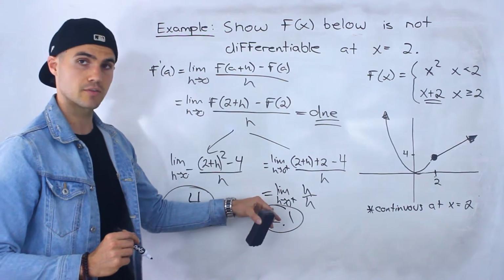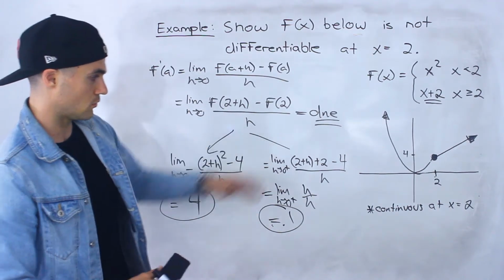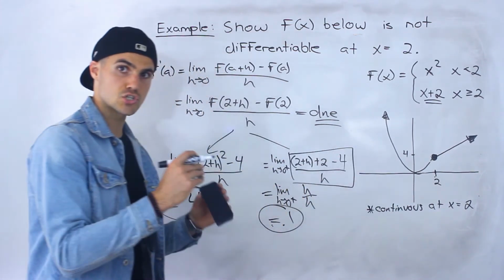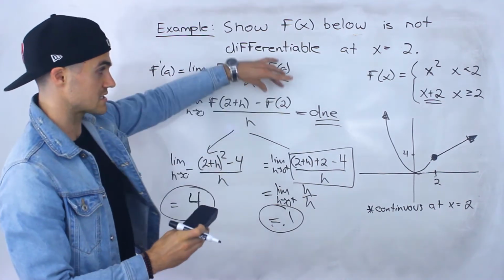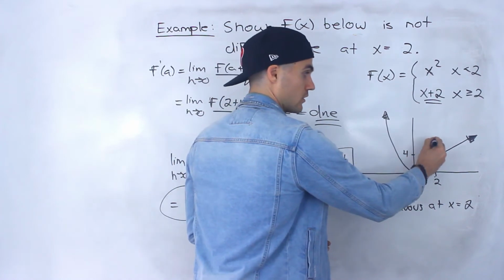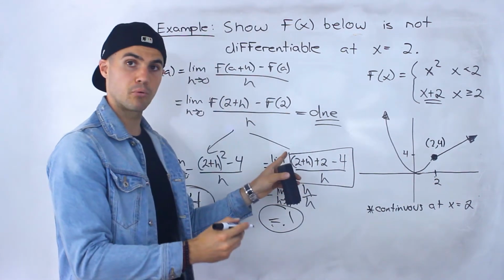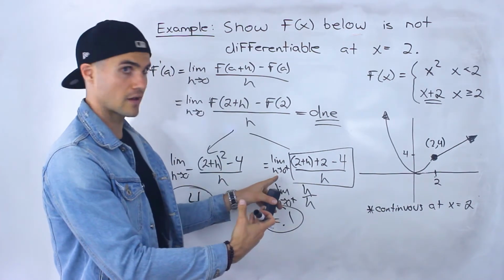So I already talked about this one in the previous video, but to do a quick review, remember, what's the difference quotient doing? It's finding the slope of a line between 2 points. One of the points is the point that you are looking at. So in this case, it's this 2 and 4, this point here. And then the other point is a point that's very, very close to it because that h value is approaching 0.